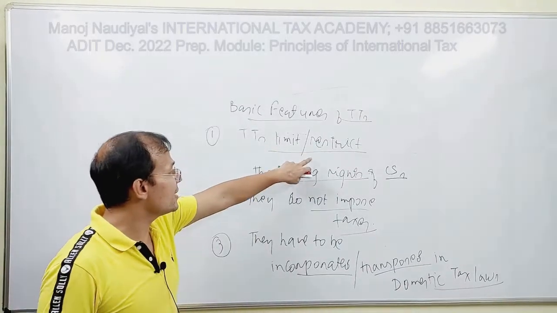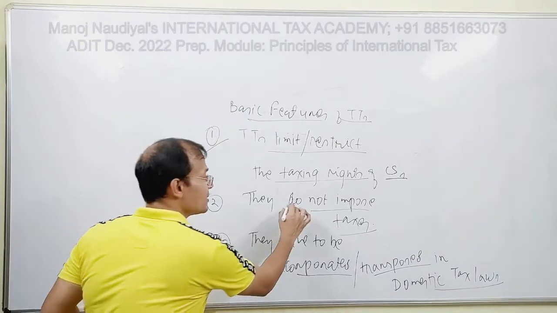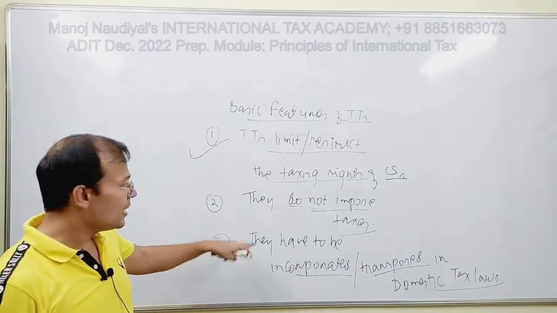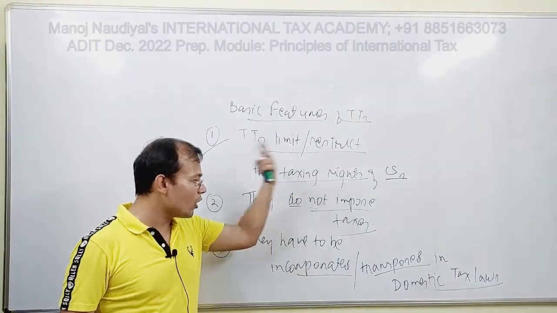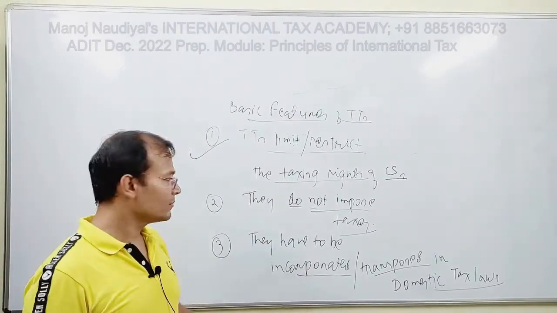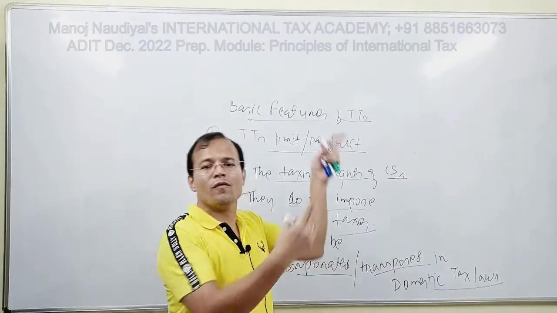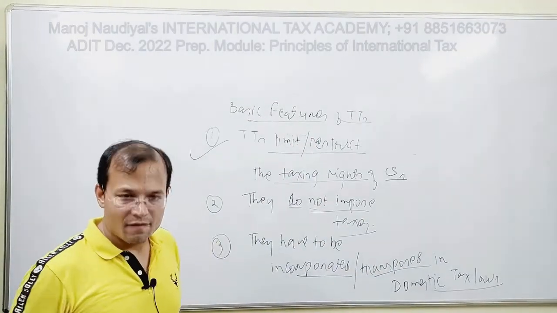They limit, restrict the taxing rights of contracting states. Most important. They do not impose taxes. Very important. Number three, tax treaties have to be incorporated, transposed, or adopted into the domestic tax laws of which countries? Of contracting states. Fine.